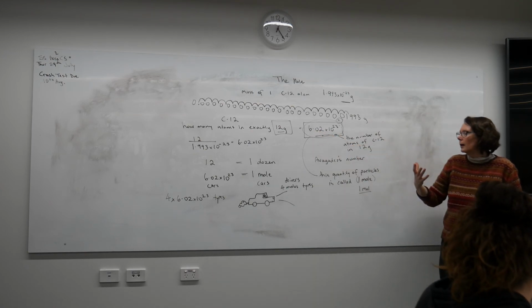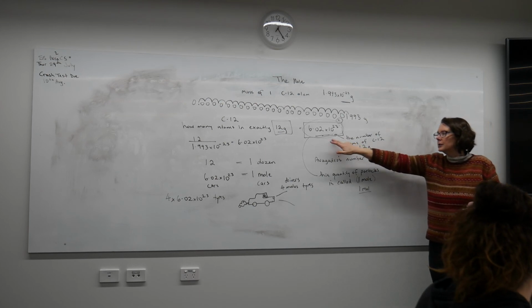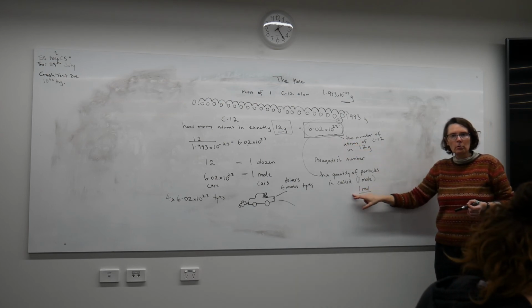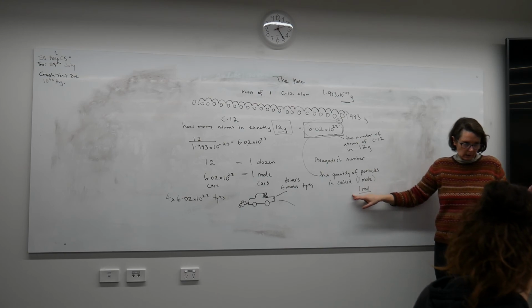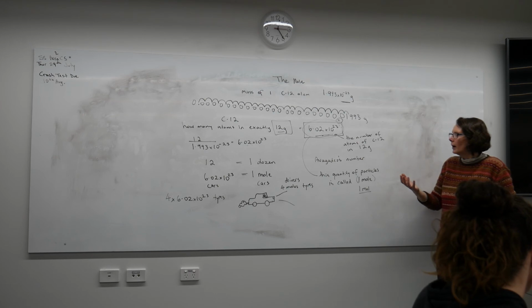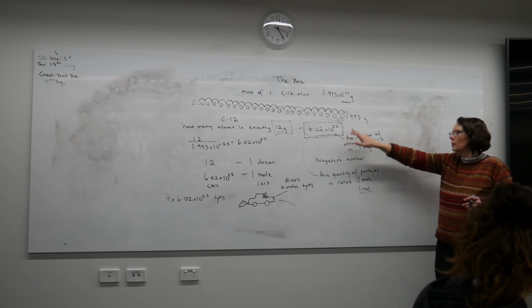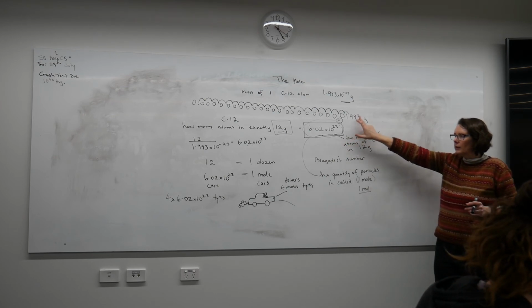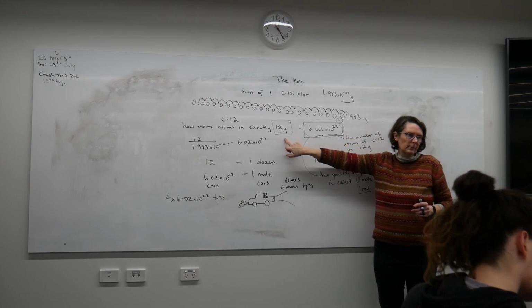It's a very big number. But now that we've got this number, we're going to call it a mole, and we can use it then for anything. So 1 mole, 6.02 times 10 to the 23 atoms of carbon, will weigh 12 grams.